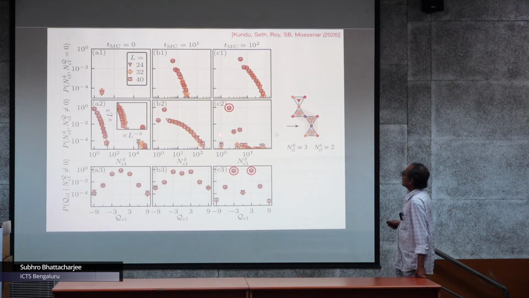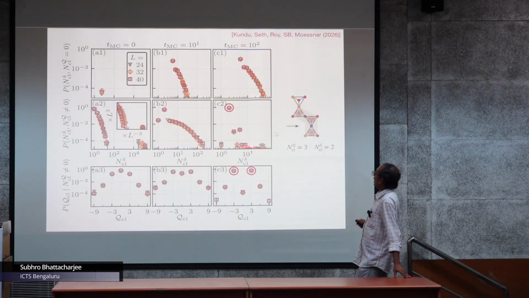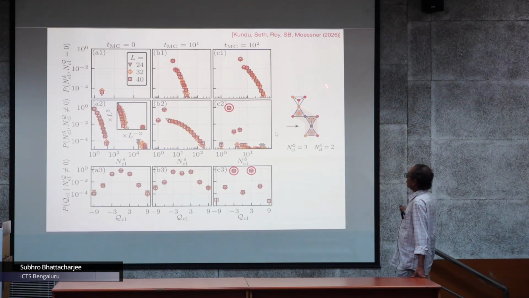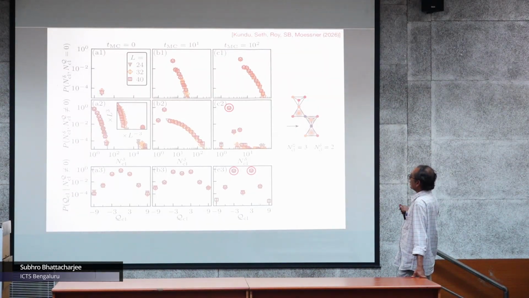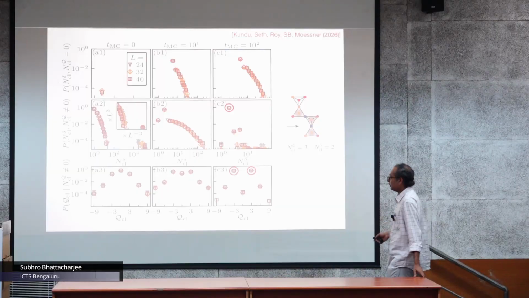And in fact, one can find out the particular kind of metastable configurations that are formed, which are composites of the monopoles and the delta excitations of a particular kind.